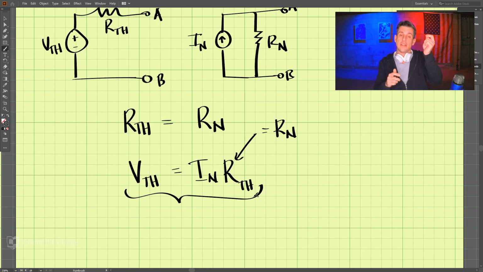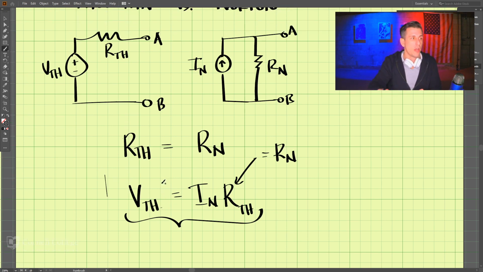If you find the Thevenin, you can calculate the Norton, and if you find the Norton, you can calculate the Thevenin. Okay, so they're interchangeable and they're related in this manner. That may be helpful depending on which one you want to use.